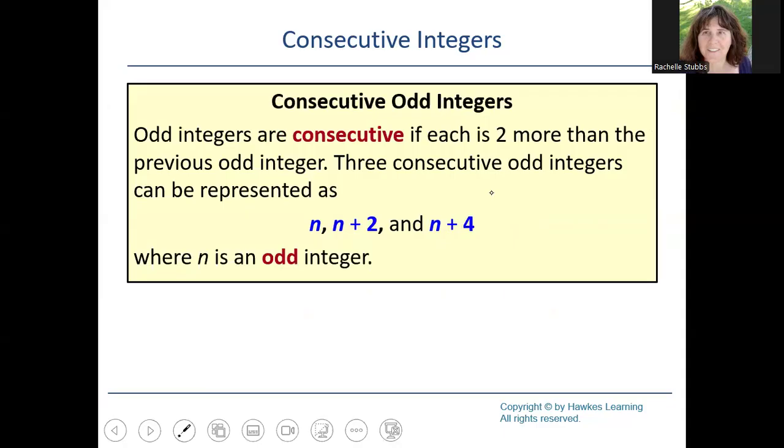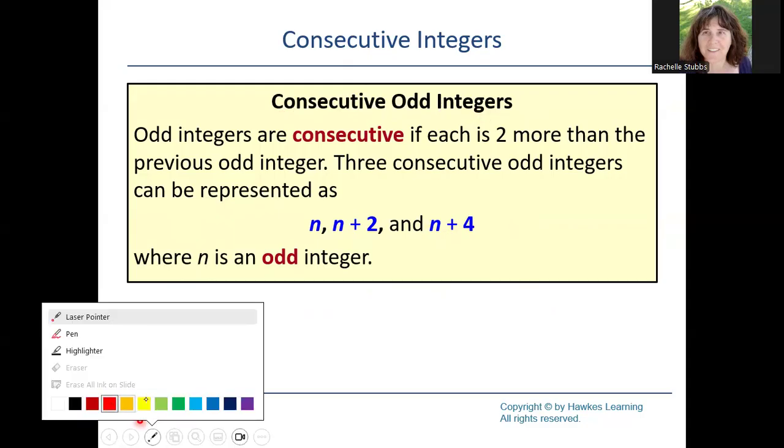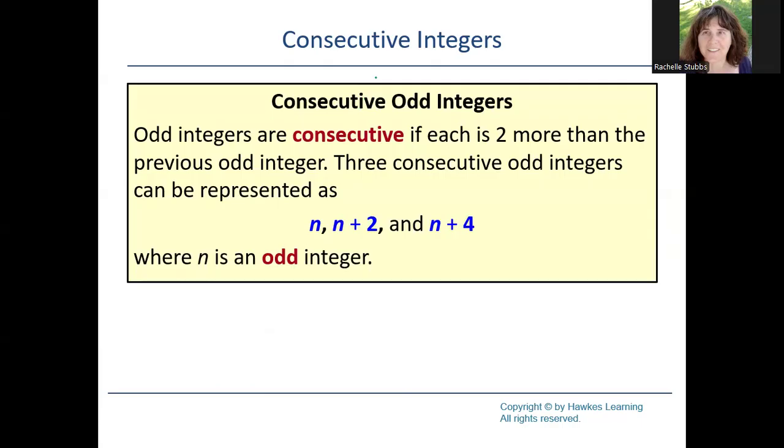Now, sometimes in life we count by twos. We count 1, 3, 5, 7, 9. Those are called consecutive odd integers. Okay. And so let's look at a number line for that. Let's say that we started here again at 3. What's the next odd integer?